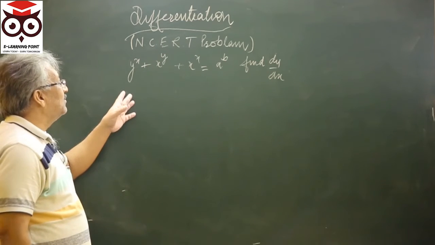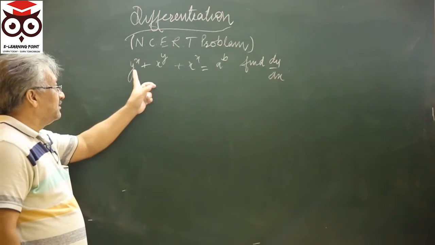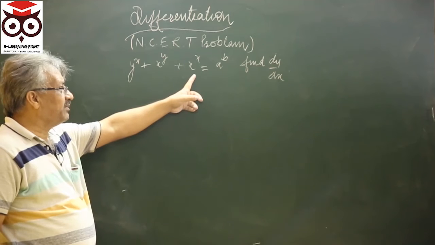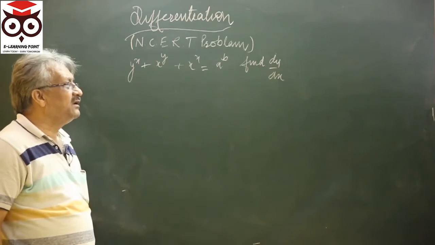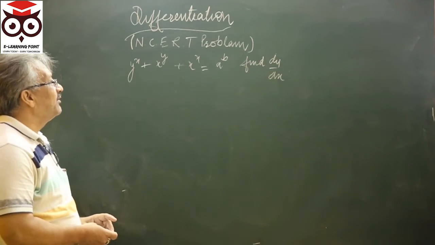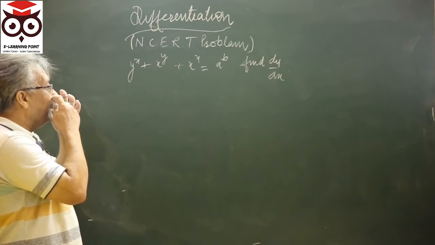आई थिंक यू नो दिस इज फंक्शन टू द पावर फंक्शन. इसमें भी फंक्शन टू द पावर फंक्शन है, इसमें भी, और ये कांस्टेंट है तो इट डजंट ए प्रॉब्लम. So you will sort out this problem with the help of function to the power function.